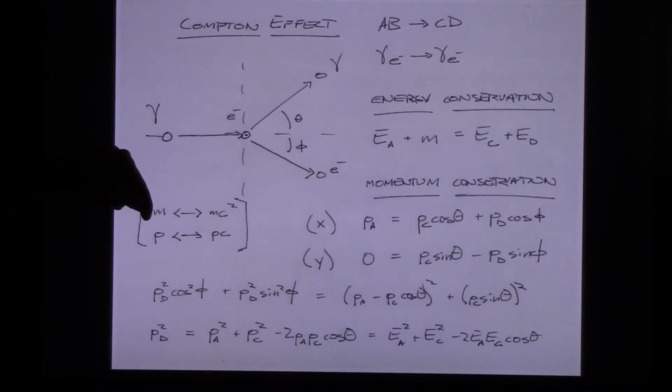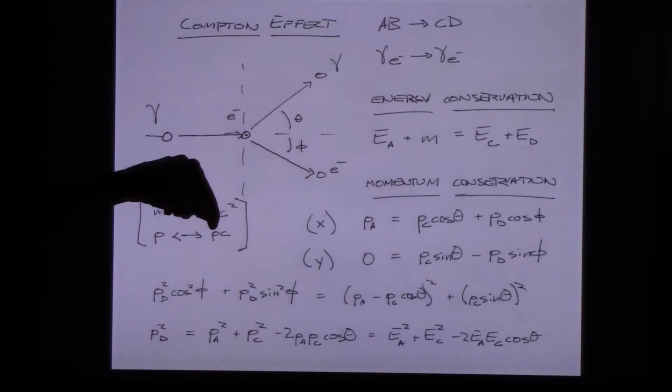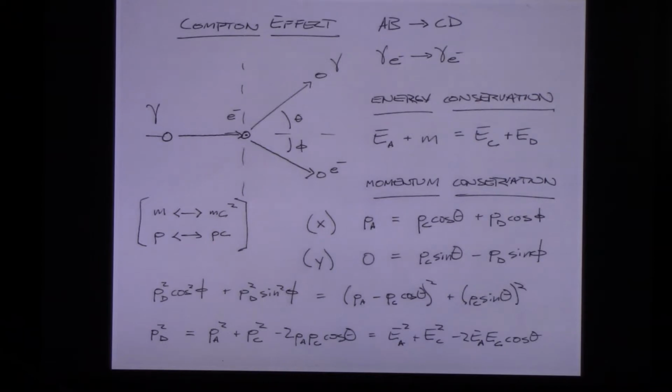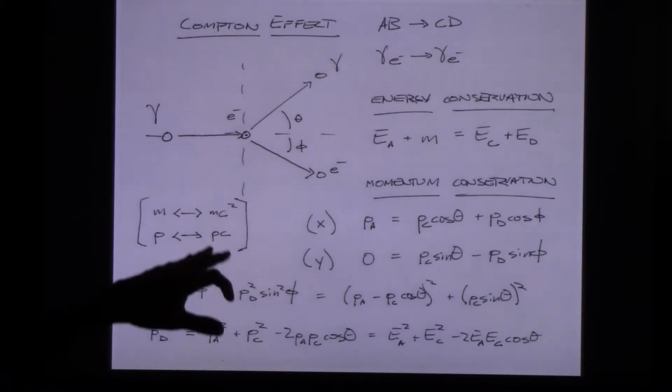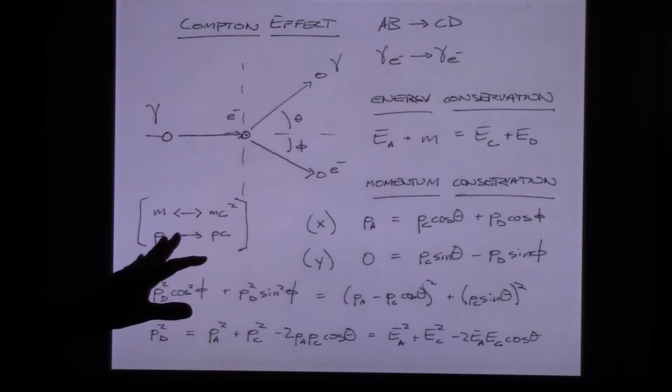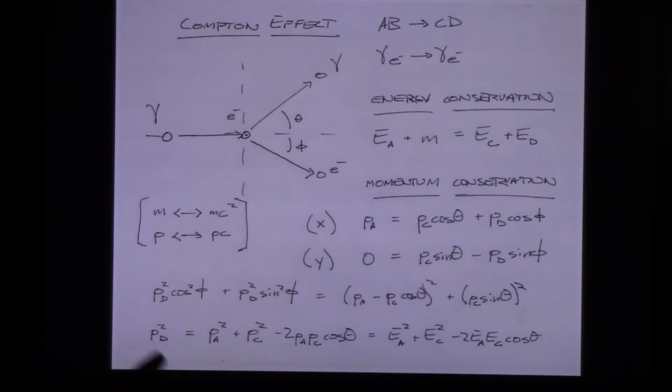And then anytime I write down momentum, it really refers to p times c. So it's kind of shortcut notation, so that we don't have to be writing factors of c all the time, which is what a lot of these derivations turn into. And then at the end of the derivation, we can put the c's back in if we decide to.